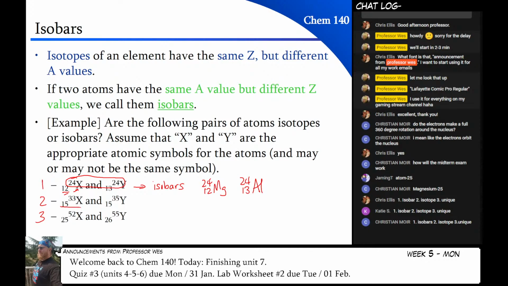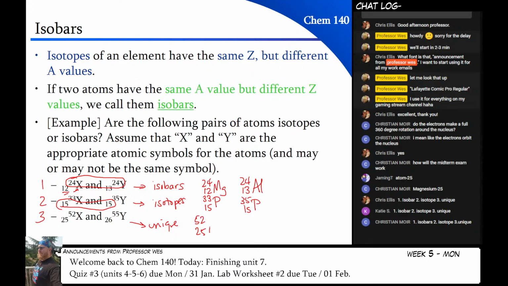Down here, I have the same Z, but different A. So these are isotopes. Specifically, they are phosphorus isotopes. That weigh different amounts. And then these, nothing really matches, so these are unique. So 25 is, I think, manganese, yeah.